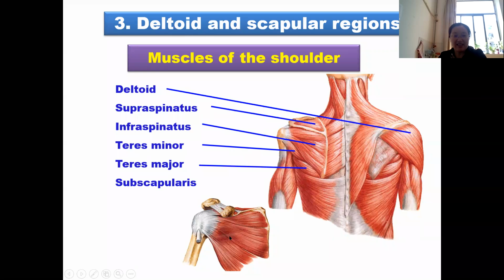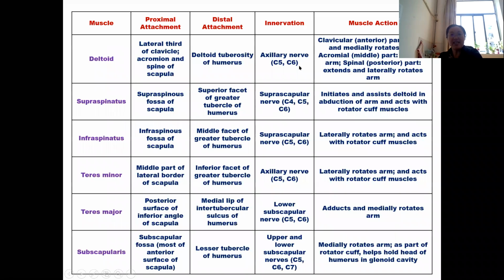Anteriorly is the subscapularis muscle. These muscles are located in the deltoid region and the scapular regions. Here we show you the muscle attachment, innervation, and also the action.